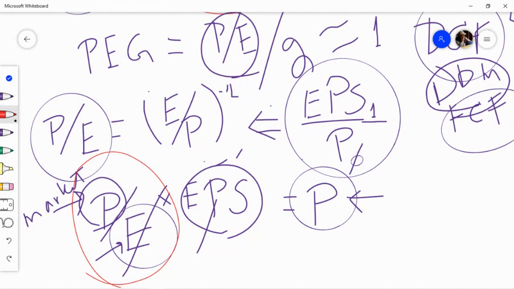And how can you find the valuation? This is not the intrinsic value of the stock, right? It cannot be the same thing. Market value is not the intrinsic value of the stock.